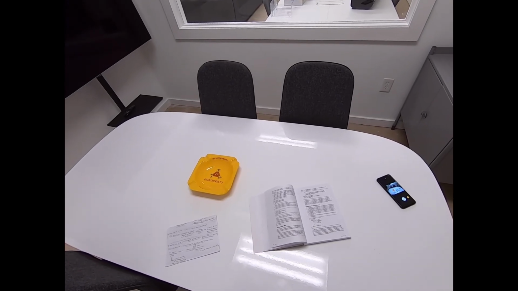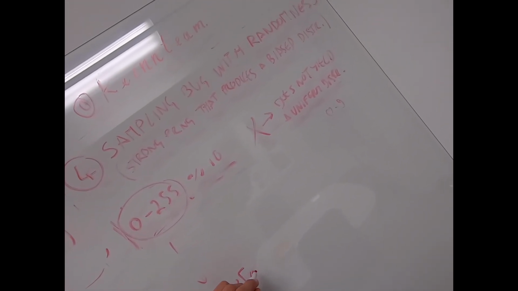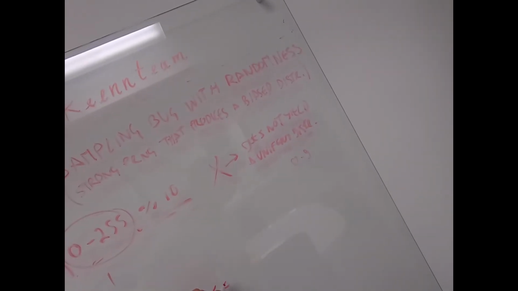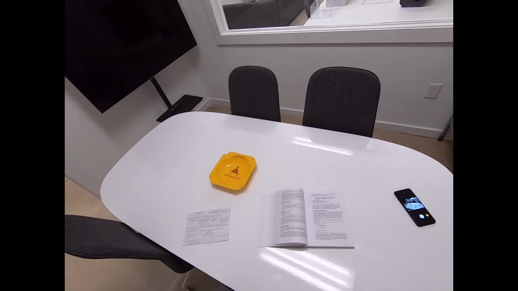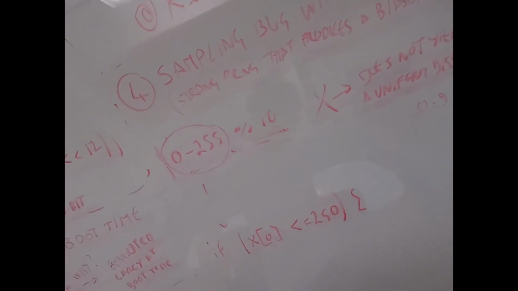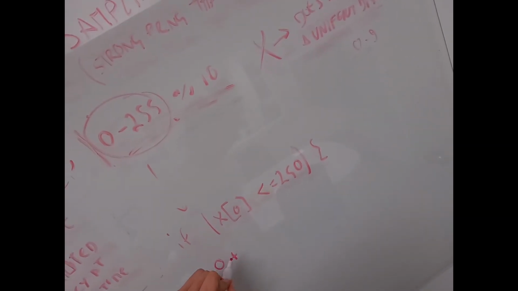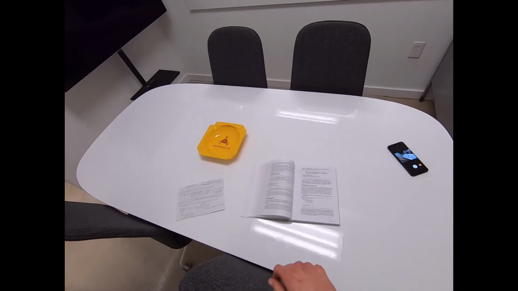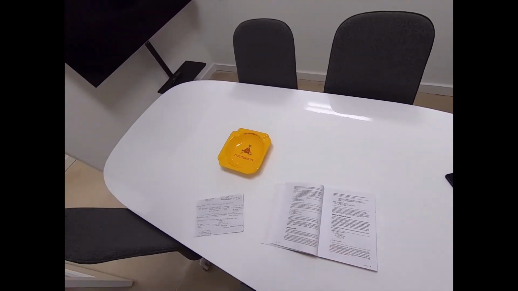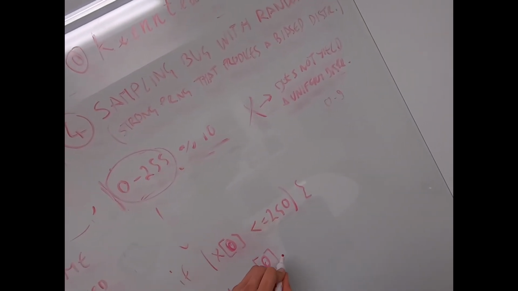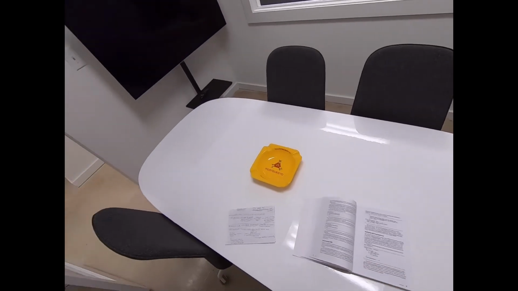So if x is 0 less than or equal to 250, then you would do O plus equals x index 0, this is a letter O, modulo 10.